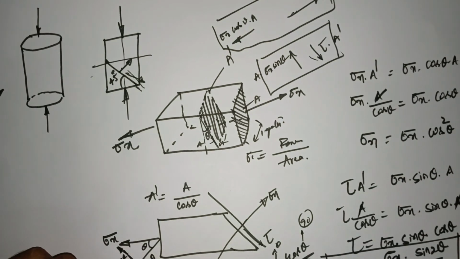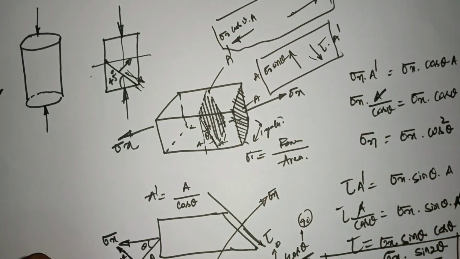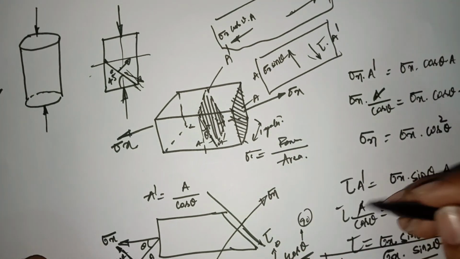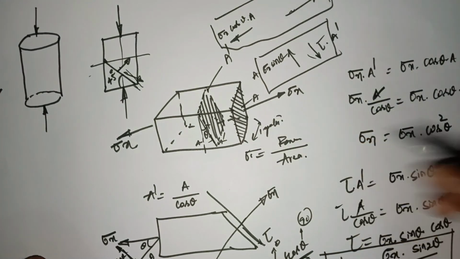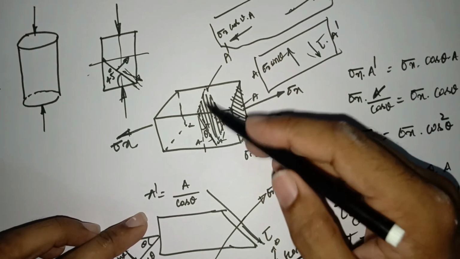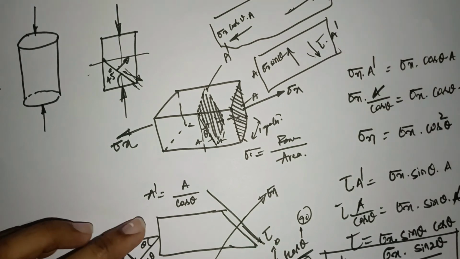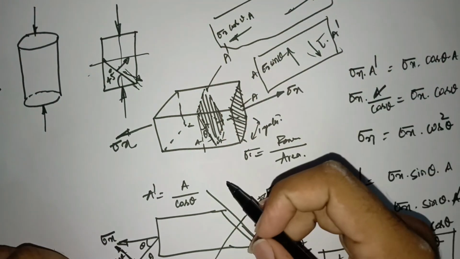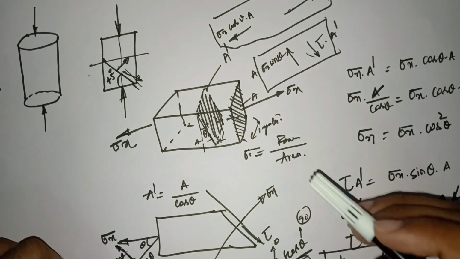So that's why we need to analyze the inclined plane, so that we can get the inside idea of what is actually happening inside of the body, rather than just taking this area and analyzing these stresses, and saying that okay, our design is safe, whereas on the inclined planes the stresses are different. Okay, these just give you an idea of what might actually happen inside of the body.